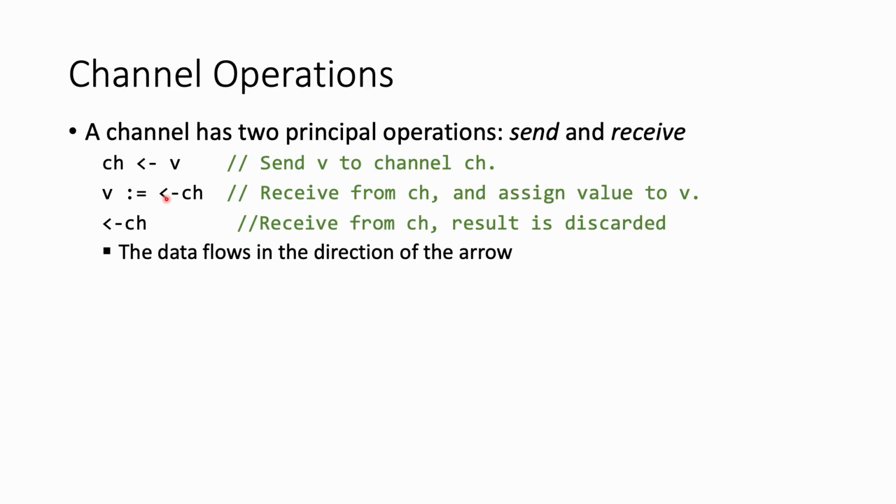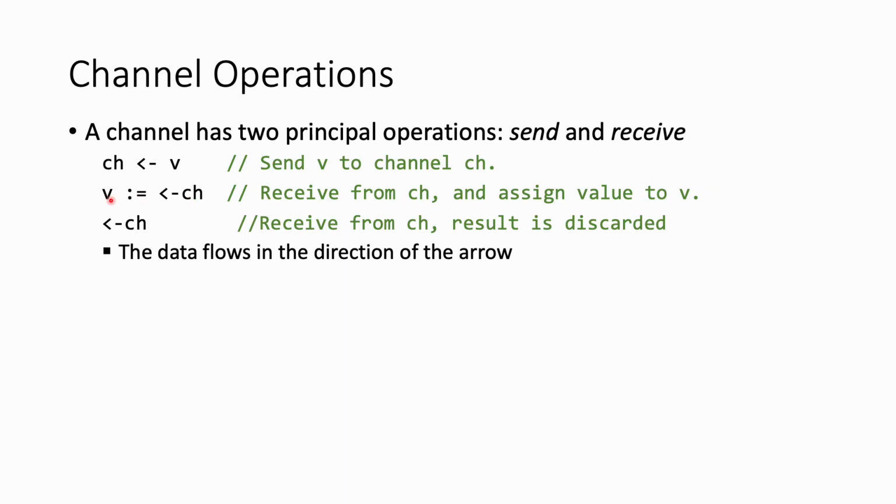A receive operation is an expression started with the left arrow followed by a channel. It returns the value received from the given channel. That value can then be assigned to another variable in an assignment statement. For example, the statement v := <-ch assigns the value received from channel ch to variable v.